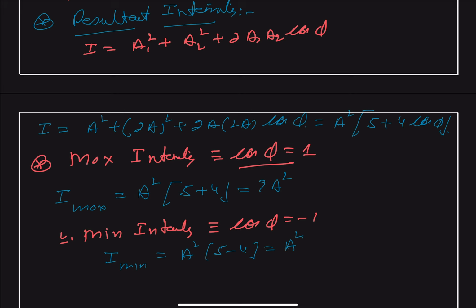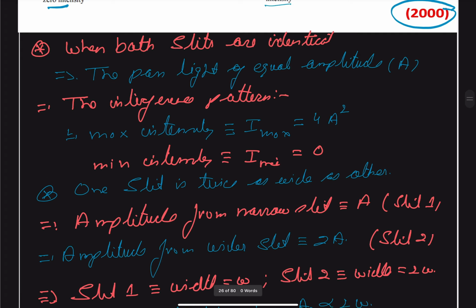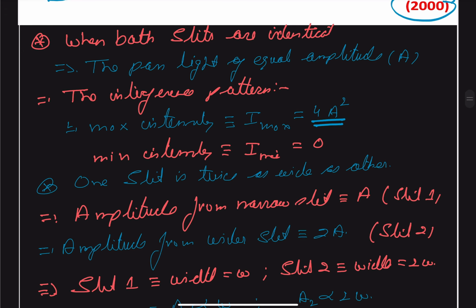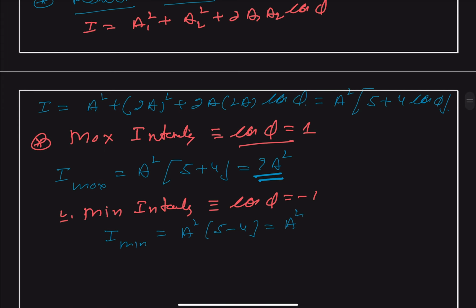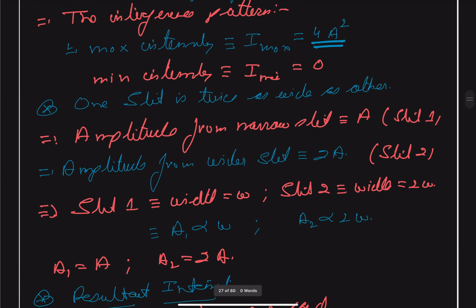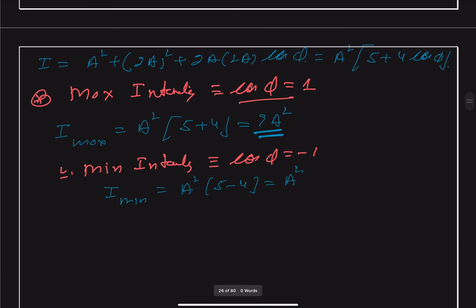So it means the maxima are brighter than the equal slit case, because in the case of equal slits the maximum intensity was 4A square. Now it has become 9A square, so obviously it will be brighter. And for minimum, initially for equal slits it was equal to 0, but now it is non-zero and it is given as A square.